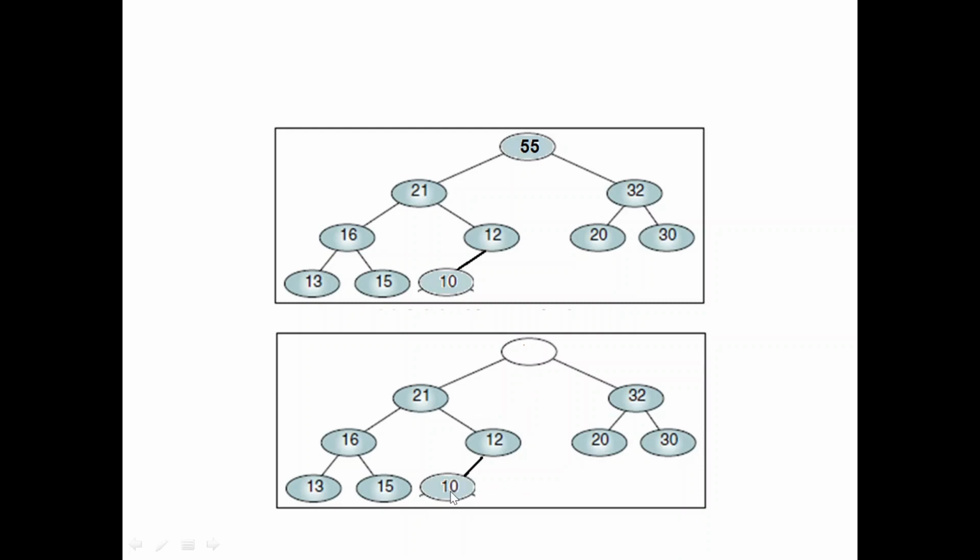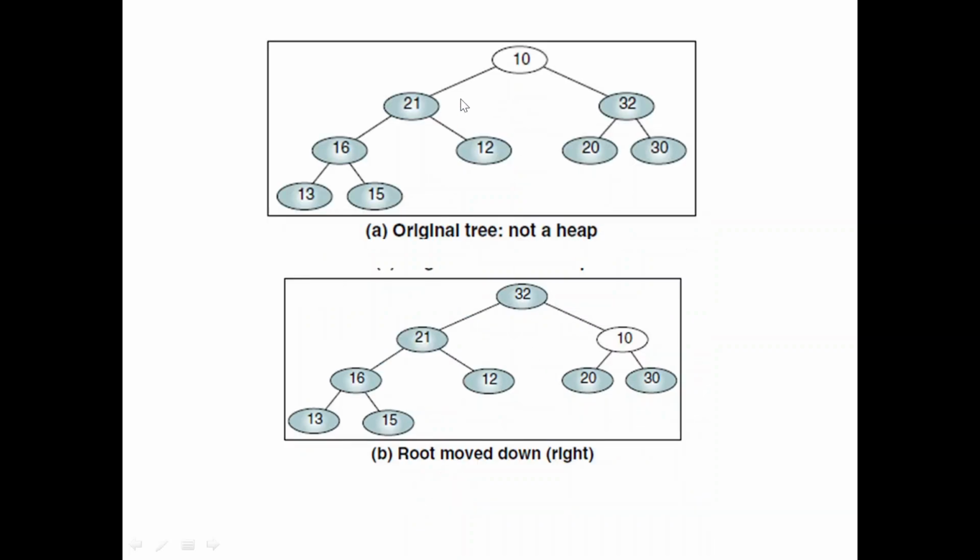So 10 will be copied into the root position, which leads to this modified tree. And now we have to check whether it's a heap tree. It is obviously not a heap tree, so we have to reheapify this particular tree, and that is when we invoke the reheap down algorithm.